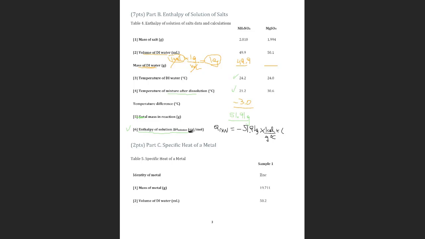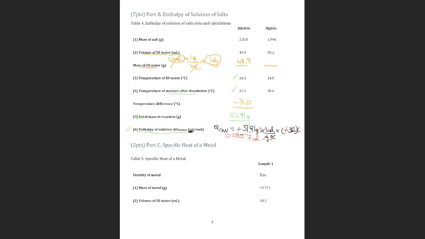Minus 3. So this minus cancels with this minus, so our Q is going to be positive. In my case, I got 155.7 calories. Because the grams cancel with the grams, the Celsius with the Celsius.